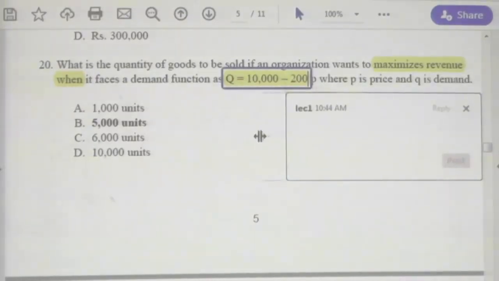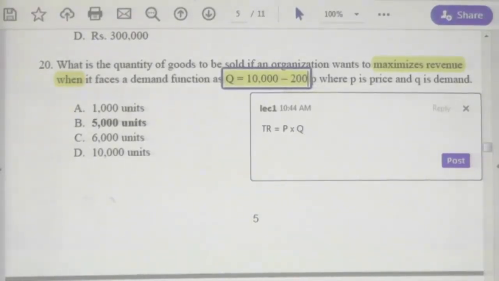Let's develop the revenue function from the demand function. Now we need the total revenue function. Total revenue equals price multiplied by quantity.